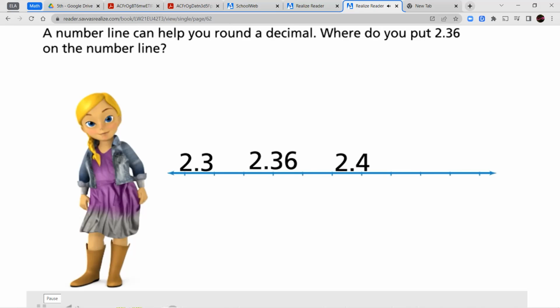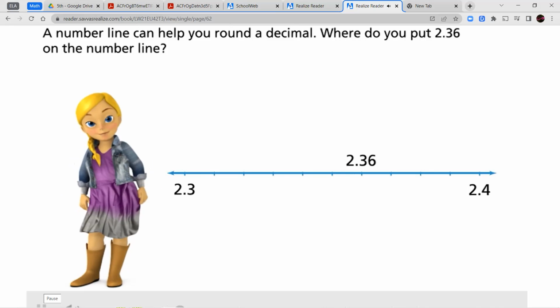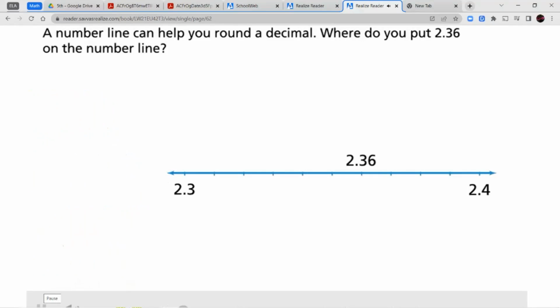A number line can help you round a decimal. Where do you put 2.36 on the number line? Just like we had with whole numbers, we're going from 2 3/10 to 2 4/10.